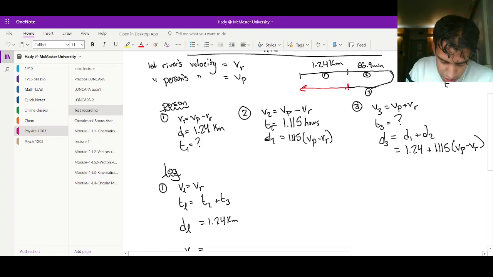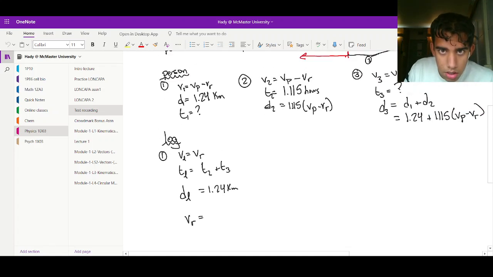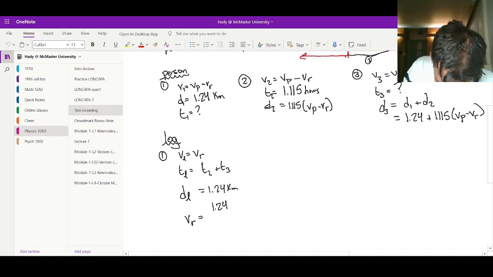We'll set up an equation where VR is equal to the distance over time.